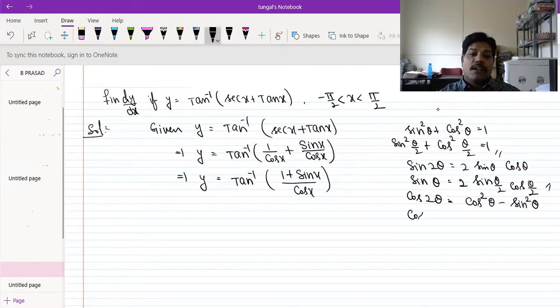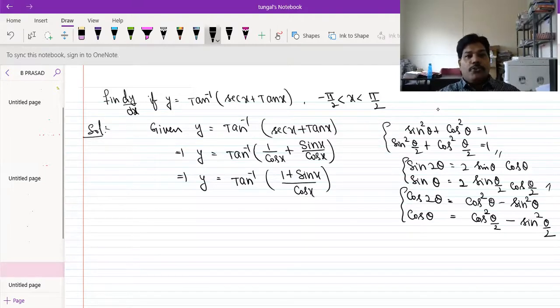So cos theta you can write as cos square theta by 2 minus sin square theta by 2. So see these formulas, students. These are the three formulas we are going to use in this question.